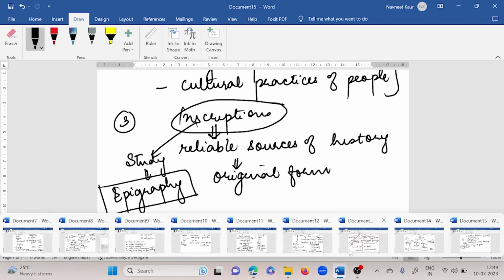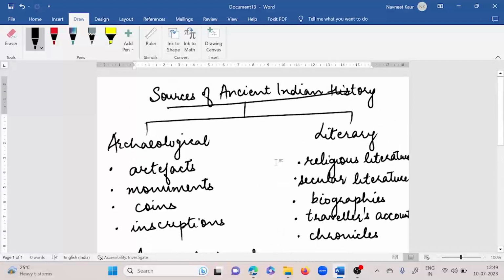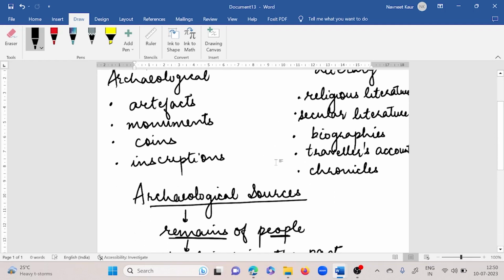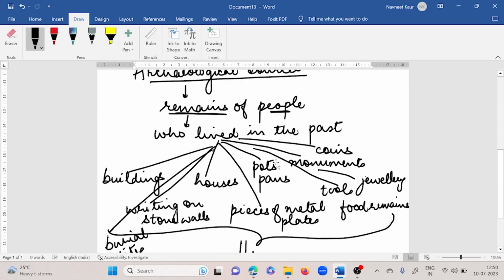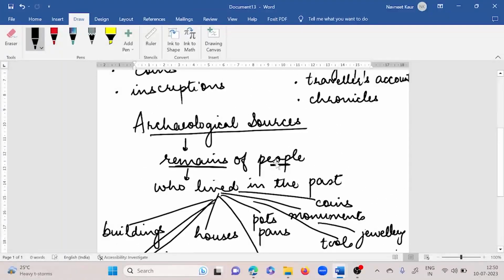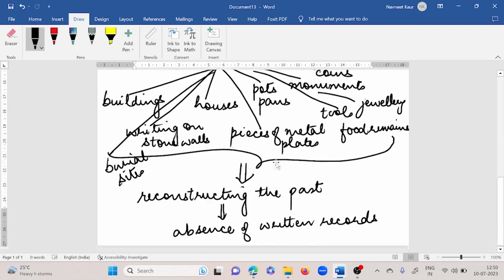Okay. So I told you that in the sources of ancient history, we'll study archaeological sources and literary sources. Archaeological sources are made up of artifacts, monuments, coins, inscriptions. They are basically remains of people who lived in the past. How did they help us?